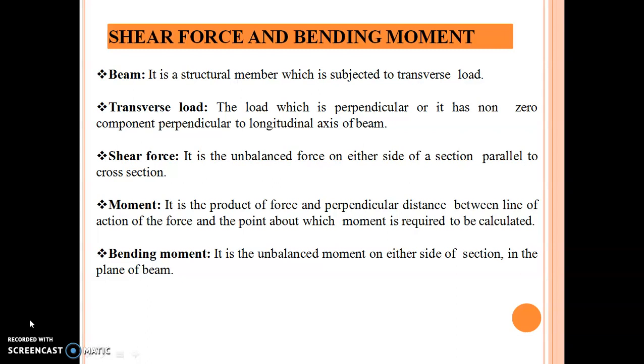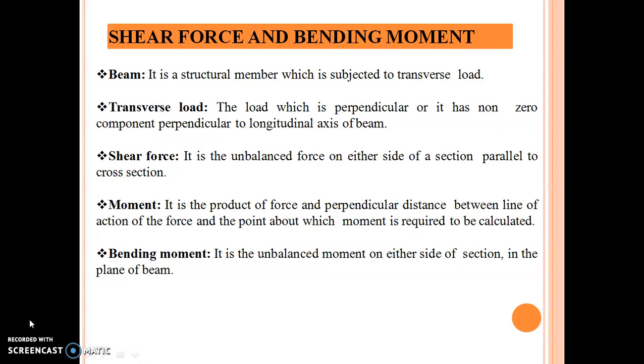Stress is the ratio of the internal resistance force set up per unit cross-section area. And what is strain? When the load is applied to the member, we observe a change in dimensions. The ratio of the change in dimension to the original dimension is called strain. Why is it necessary to study the shear force and bending moment diagram?